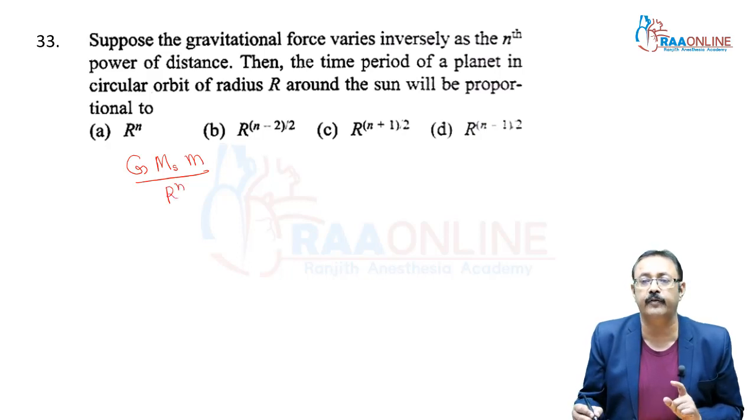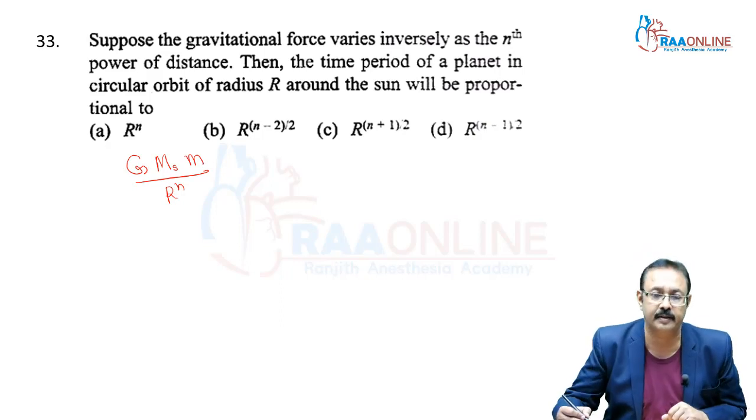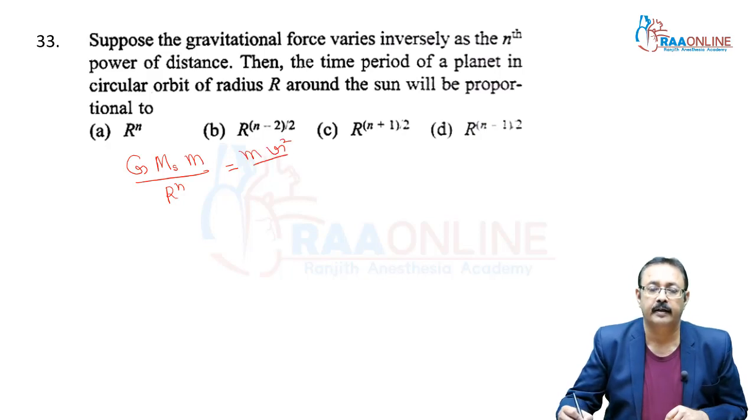They are saying inversely as the nth power of the distance. Now this gravitational force will provide the planet centripetal force. Cancel m with m.